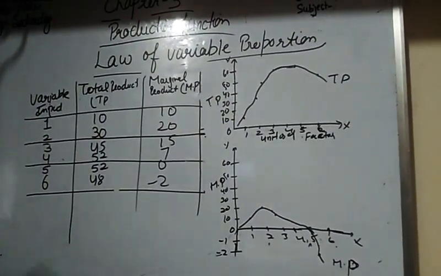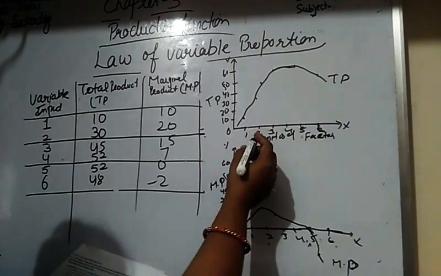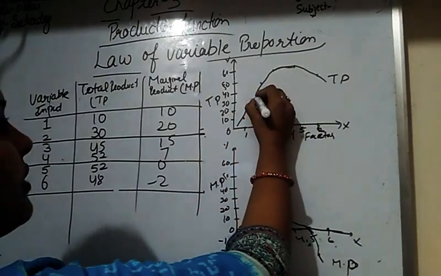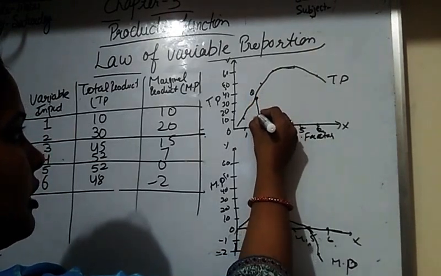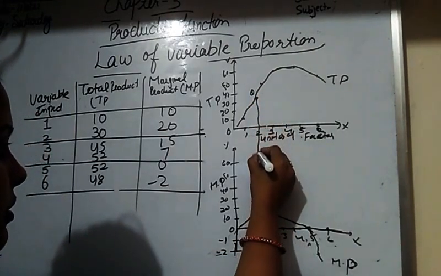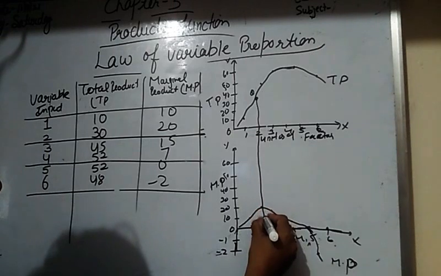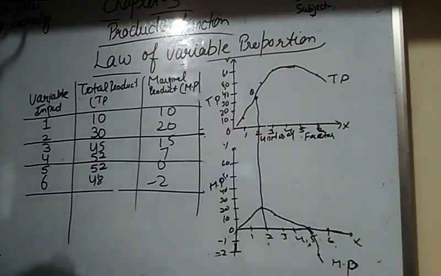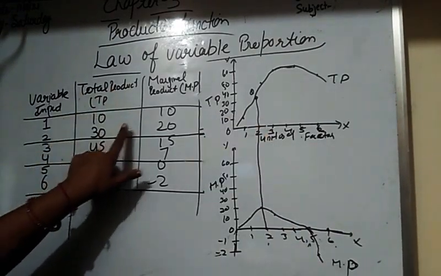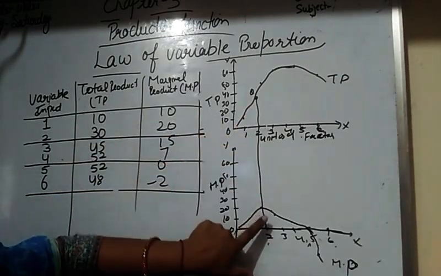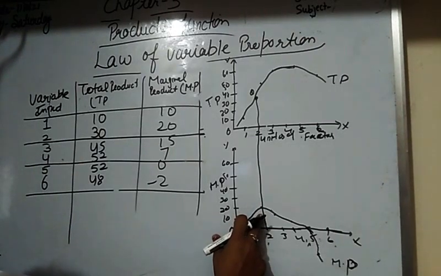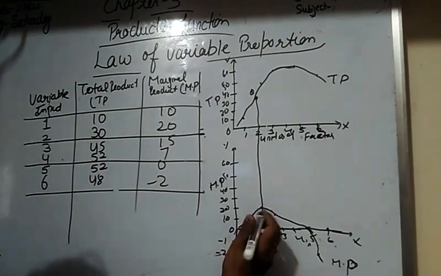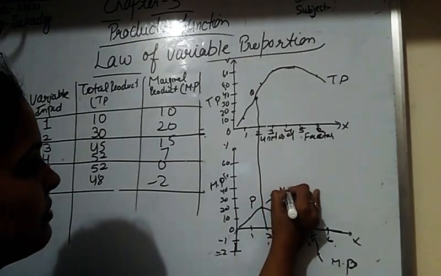Now see students, so we are attaching phases. When the second variable is used, total production is increasing at increasing rate, and marginal production is also increasing. Marginal product is maximum here.